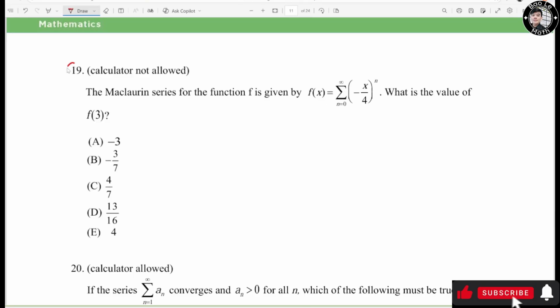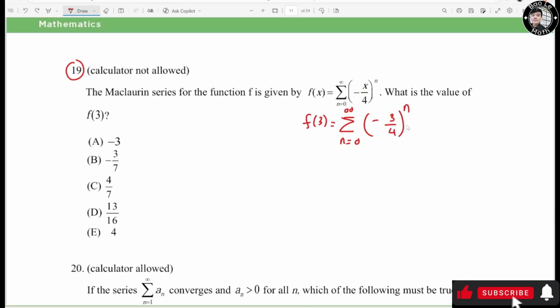Now question 19. The Maclaurin series for the function f is given by f of s equals this. What is the value of f of 3? So we have f of 3 equals the sum as n goes from 0 to infinity of -3 over 4 raised to the n.